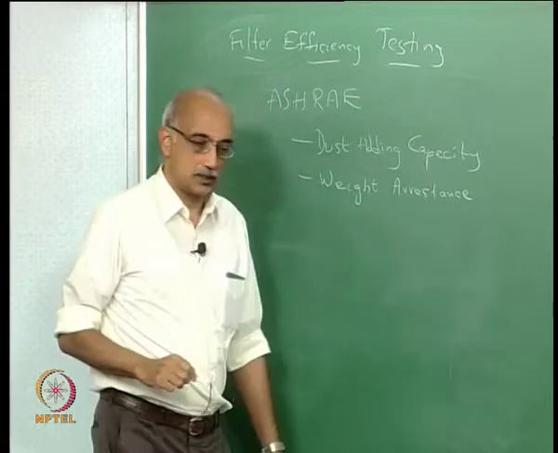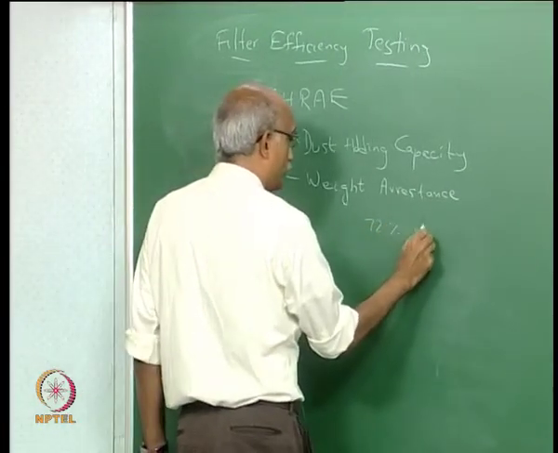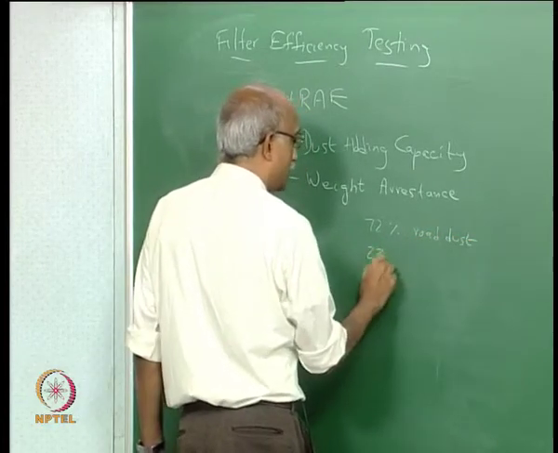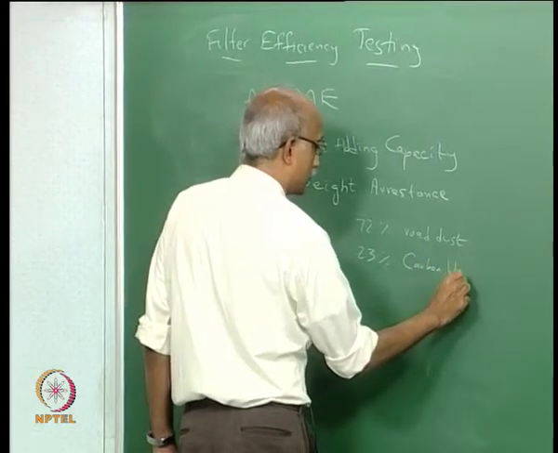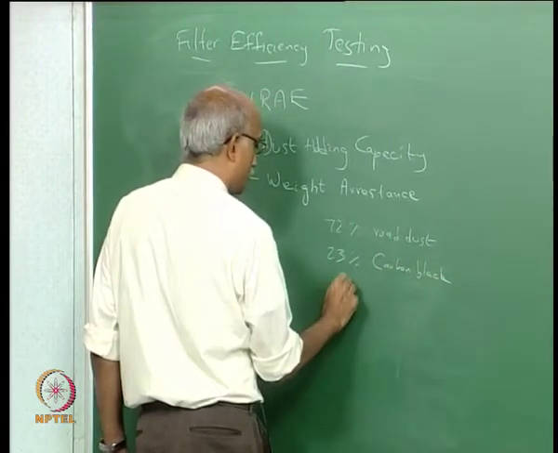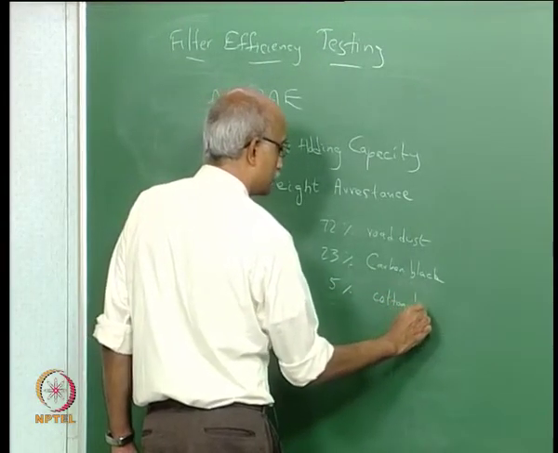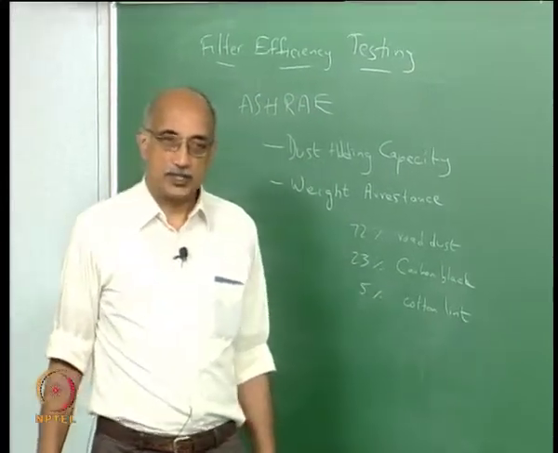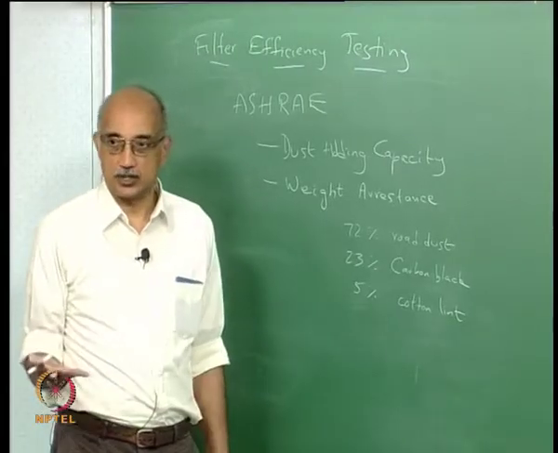Now these tests simply use a mixture of 72% road dust, 23% carbon black, and 5% cotton lint as the challenge material. So it's a mixture of common environmental contaminants that you find.